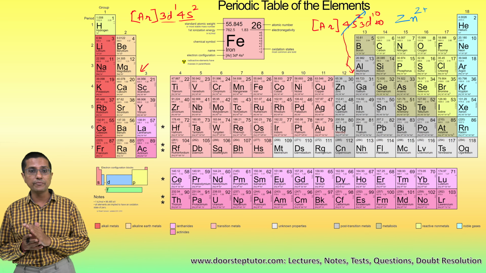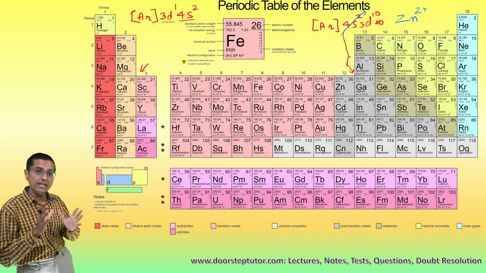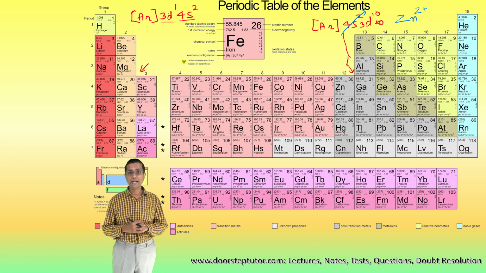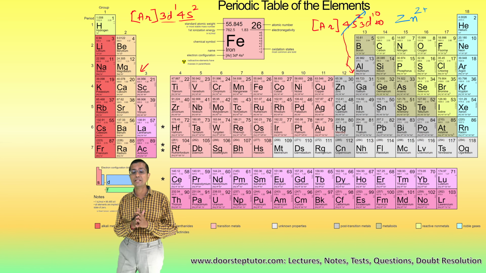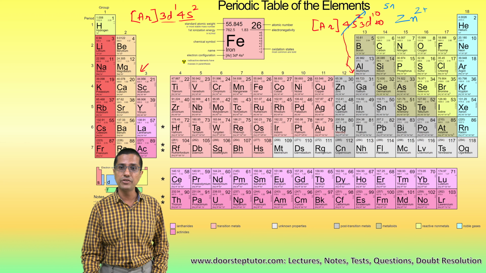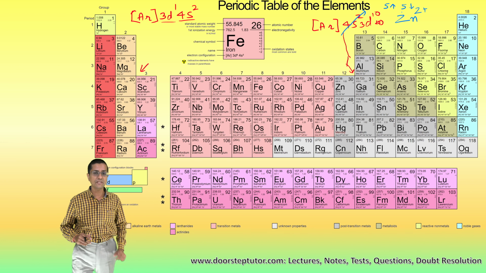In the case of zinc, the completely full 3d subshell has a lot of exchange energy, because there are 5 electrons in the up configuration which can exchange among themselves, and 5 electrons in the down configuration which can exchange among themselves.